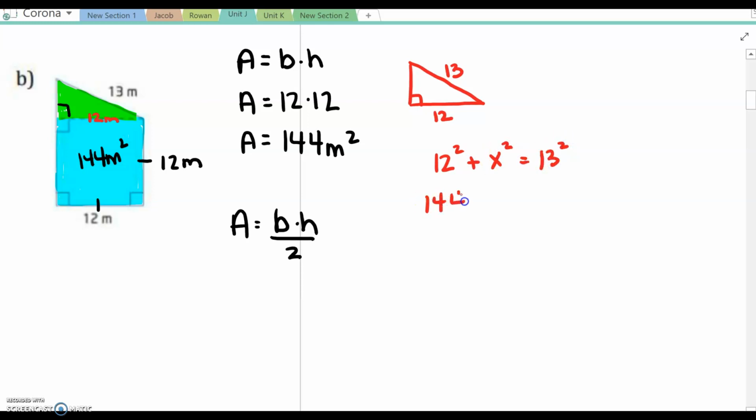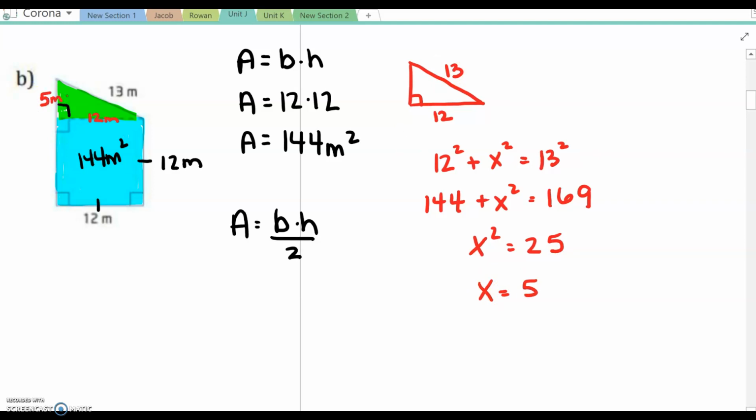So that's 144 plus x squared equals 169. Subtract the 144 and I get 25, which means if I take the square root, our mystery side is 5 meters.